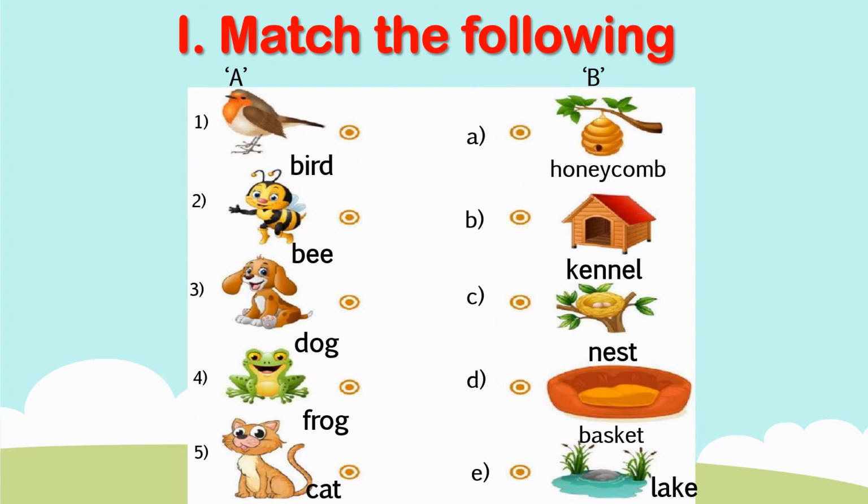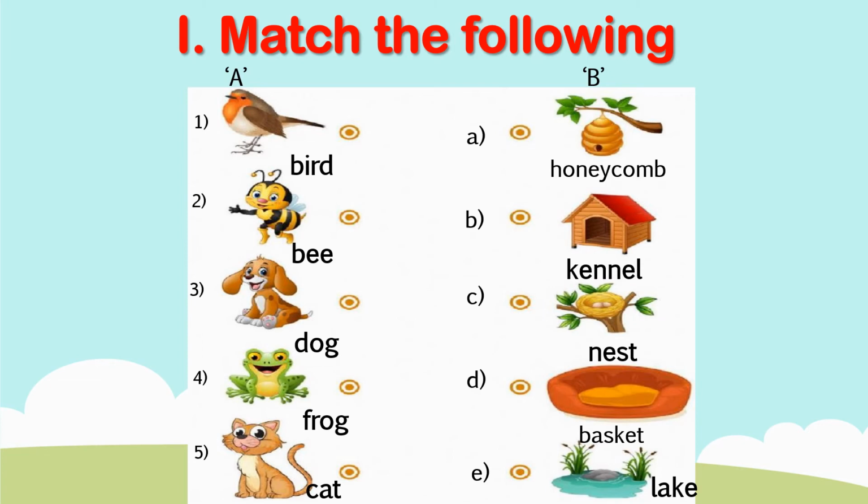Where does a bird live? Is it honeycomb? No. Is it kennel? No. Is it nest? Yes. So a bird lives in a nest. Like this you have to match the following.